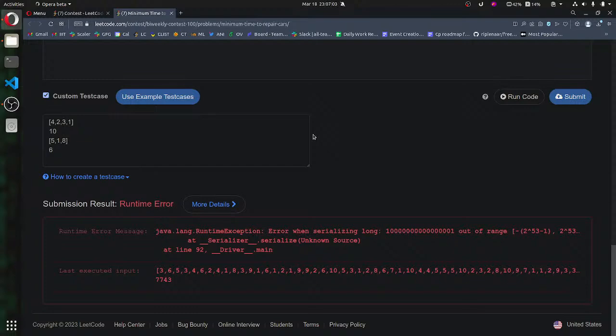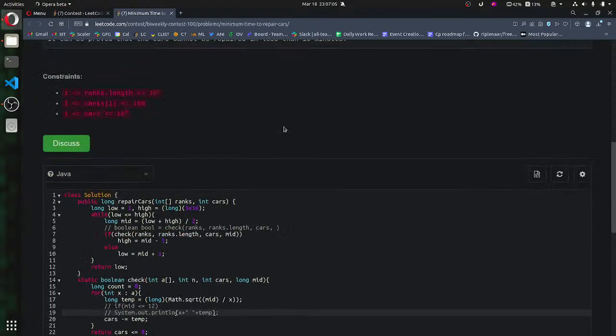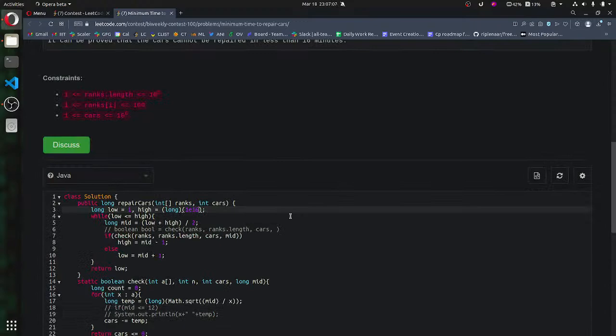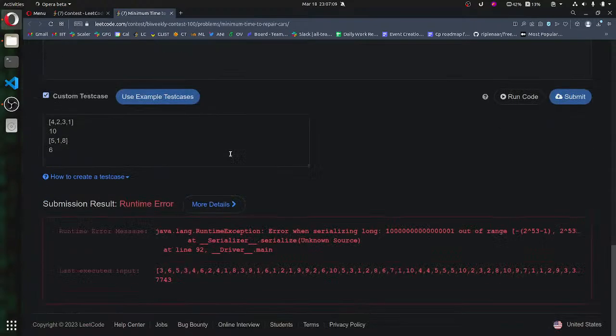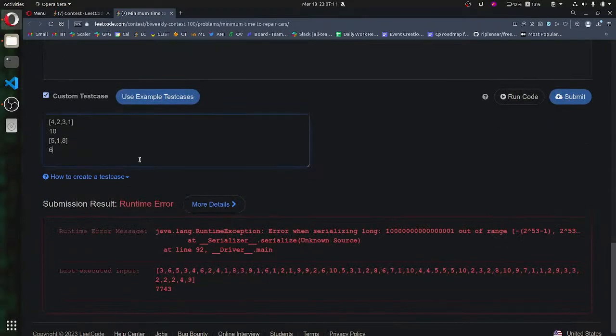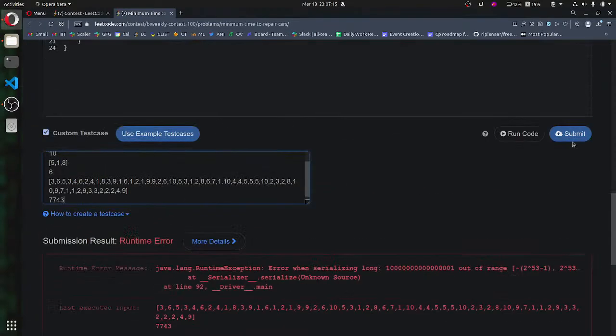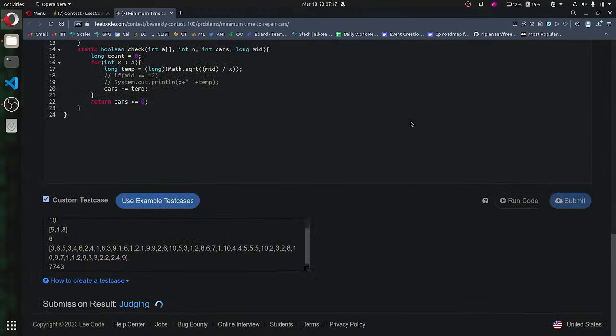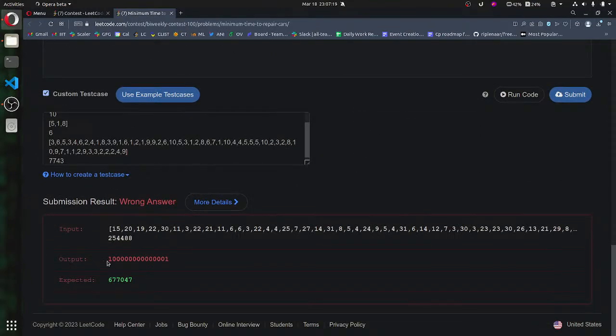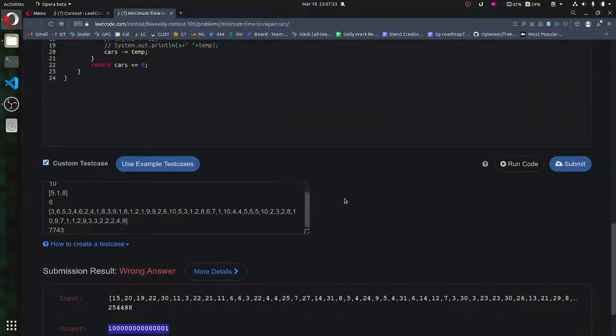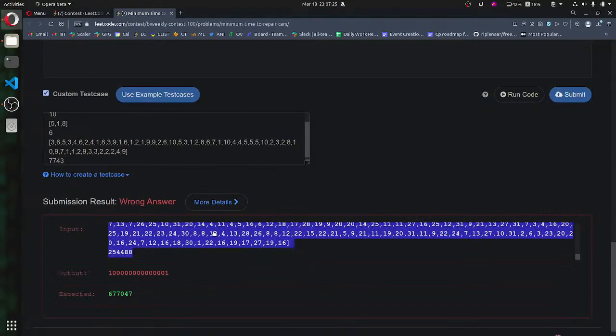Why are they giving out of range to power 53? Let's analyze it, 10 power 14.